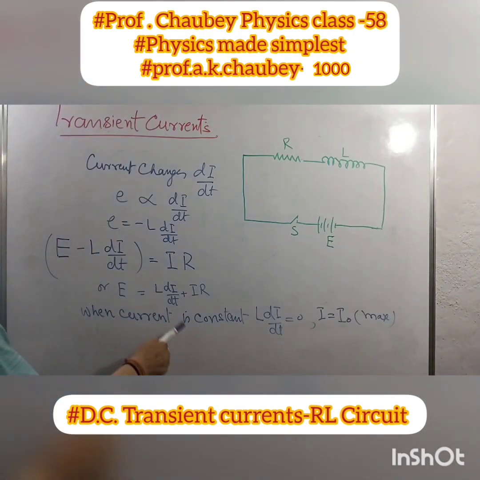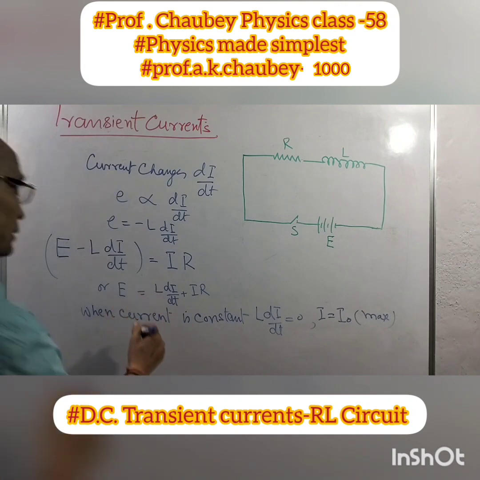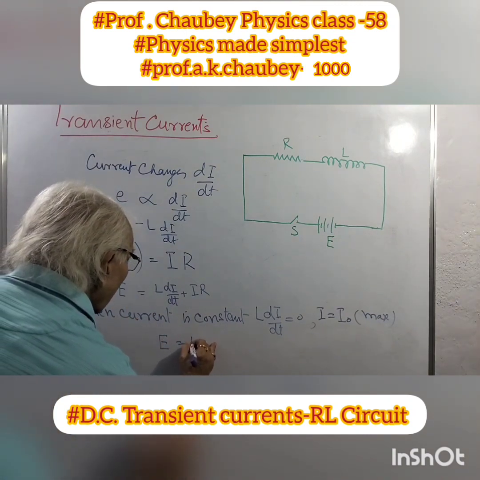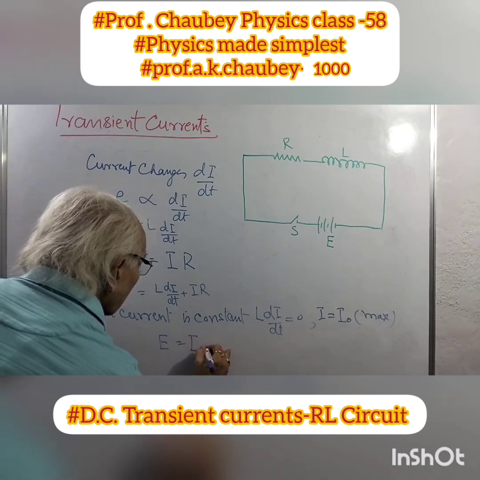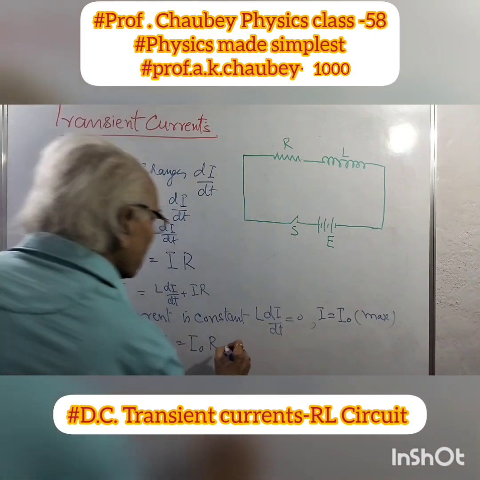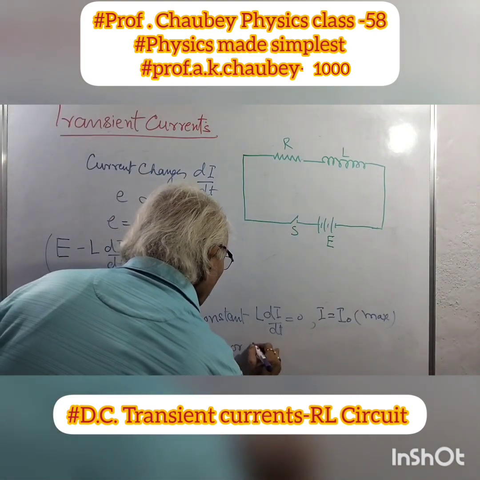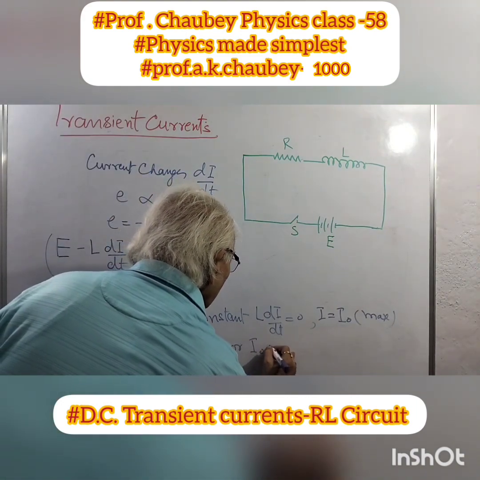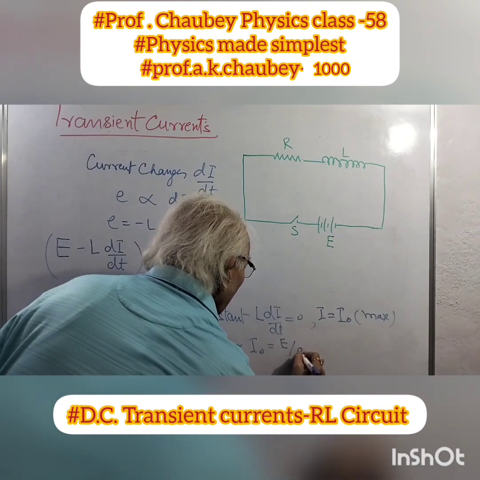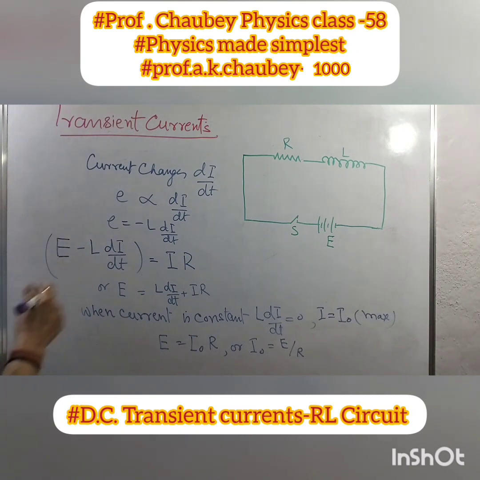This means di/dt is 0, so E is equal to I naught R. That is, the maximum current I naught is equal to E over R. This is the maximum current of the circuit.